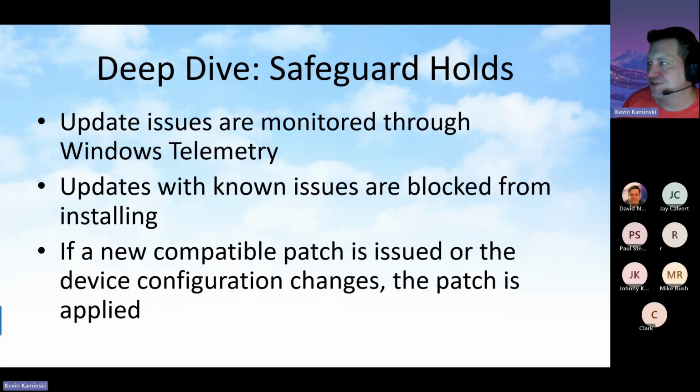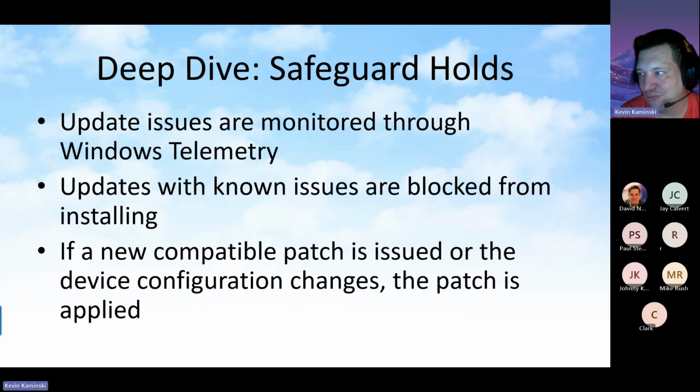Update issues are typically handled through what are called safeguard holds. I mentioned this a bit earlier, and it is an important thing to understand: safeguard holds is Windows Update for Business's way of saying, I know I'm going to break you, so I'm going to tell you not to install this patch.